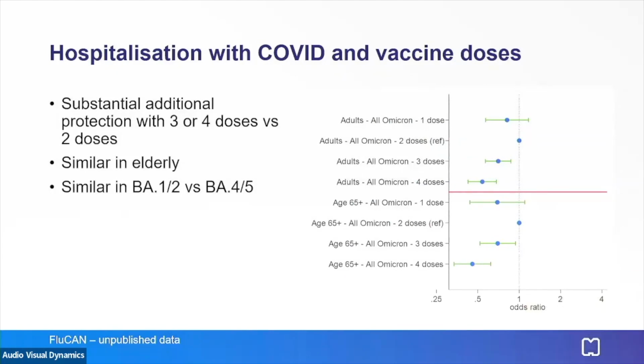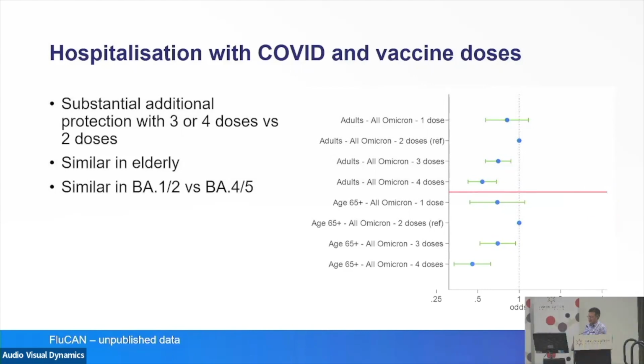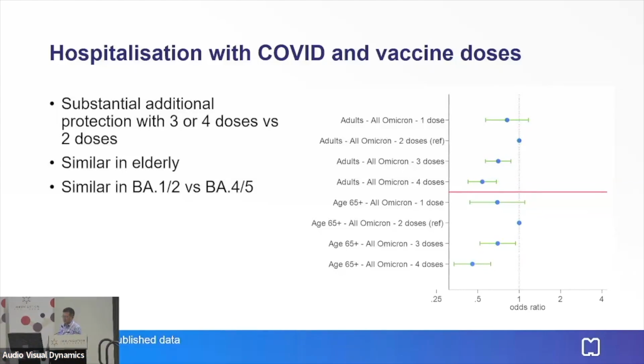And what we can show here is that, for example, in the elderly, there is a benefit of 3 and then 4 doses, and that benefit is increased. And then these estimates are similar against BA1 and 2 versus 4-5, similar in all adults to the elderly.